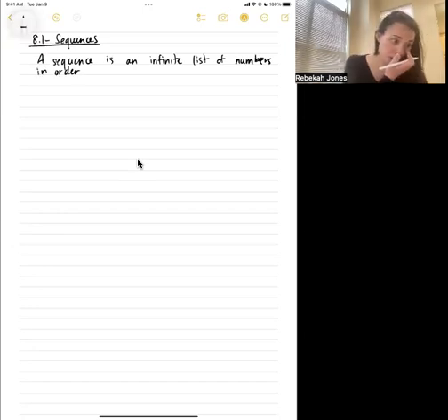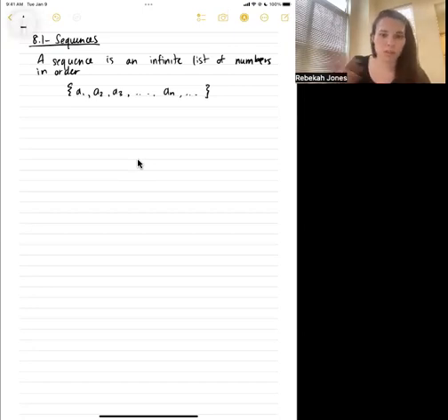And so how we would write this is if, say, our first term is A sub 1, A sub 2, A sub n, and then this keeps going. We could write it this way. So we just write out the list of numbers.